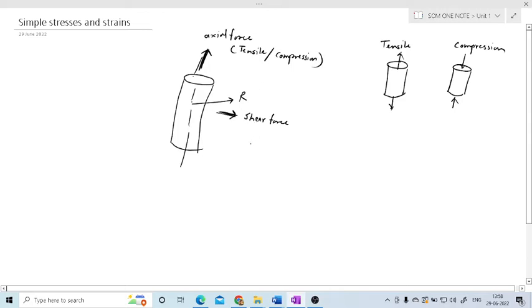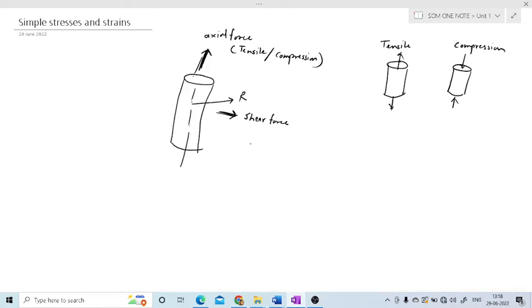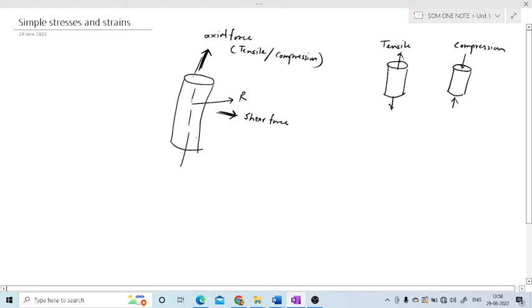Now in this shear force and the axial force, we will see how the stresses are developed inside the material. So now I am going to draw the same figure but in the horizontal direction. Suppose this is the axis, and if I apply a tensile force on this material, then inside the material, to the applied force, the material generates an opposing force.